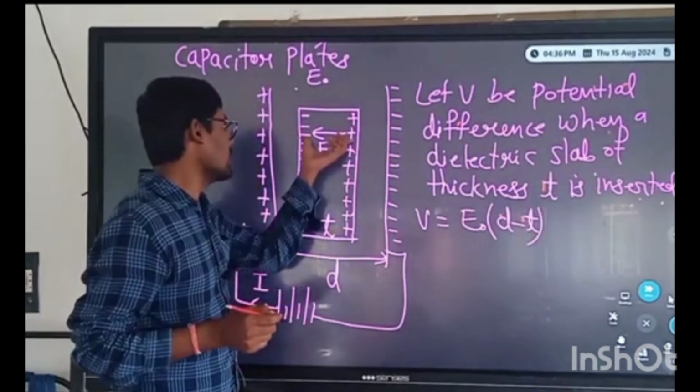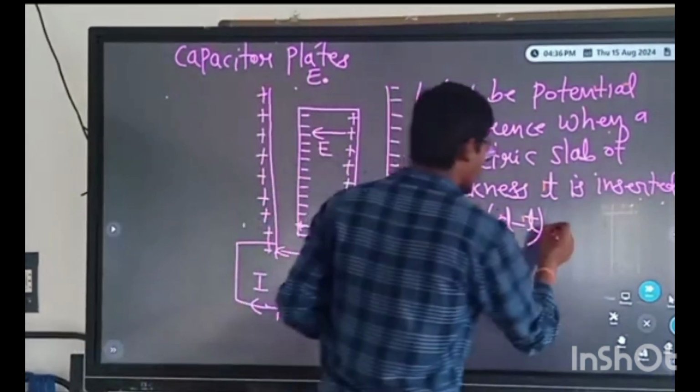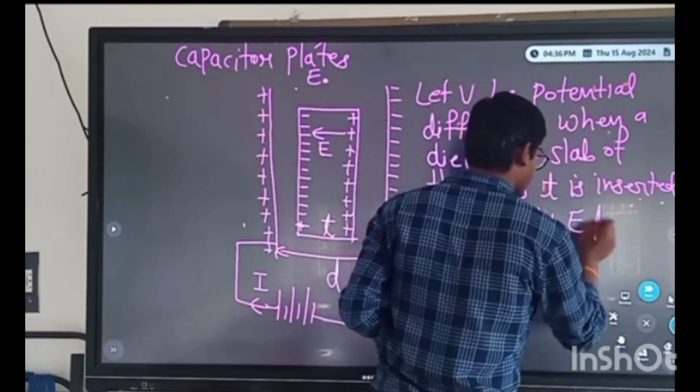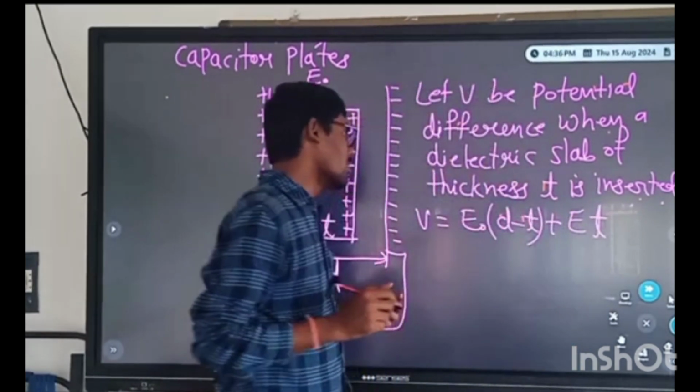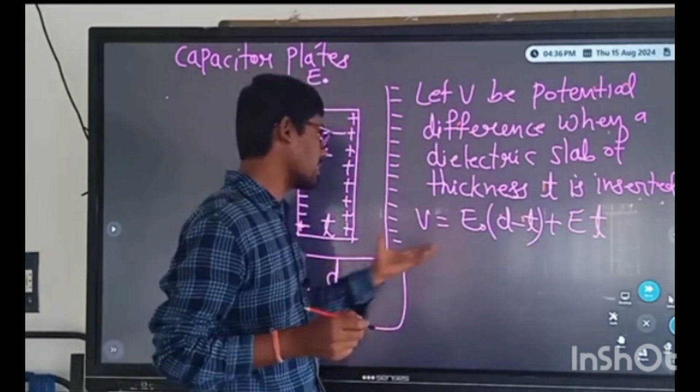This is the electric field E inside the dielectric slab, and T is the thickness. So it will be E into T. Correct? So this is the potential difference across the dielectric slab.